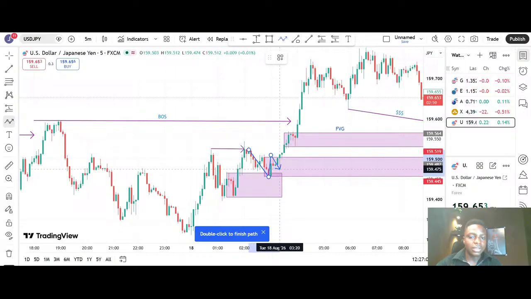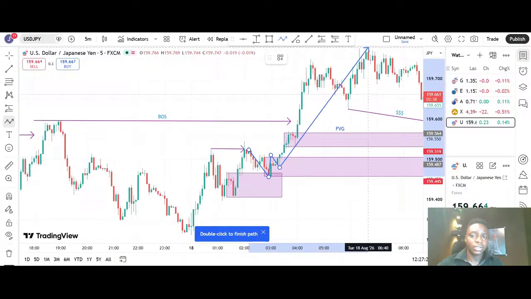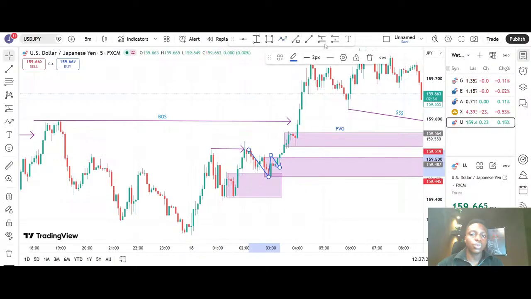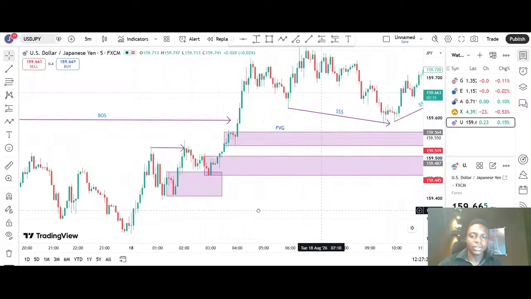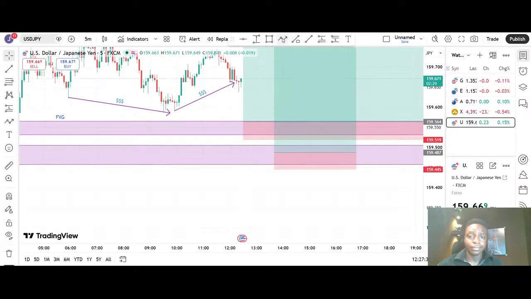And then it still came back around here to respect the order block that caused the break of structure, you understand? So now you can see it made a movement to the upside as far as this, but this is the all-time high. So that is what we'll be looking at around here.